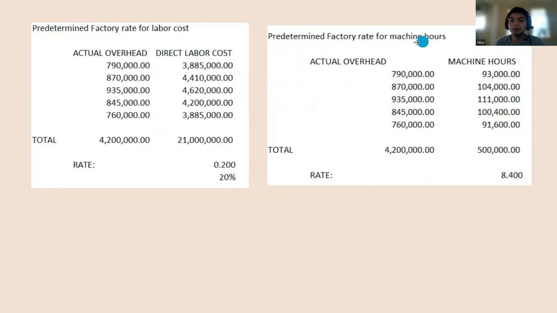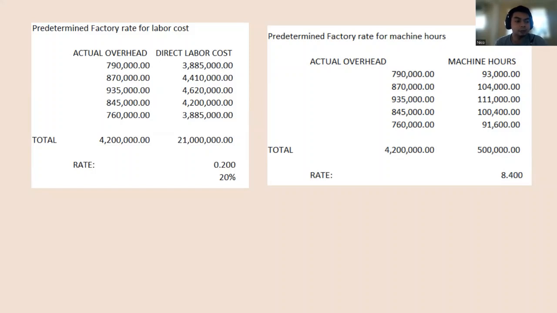For the machine hours, we'll just divide the actual overhead for the last 5 years, which is 4,200,000, by the total machine hours for the last 5 years, which is 500,000. Dividing 4.2 million by 500,000, we have a predetermined factory rate for machine hours of $8.4 per hour.